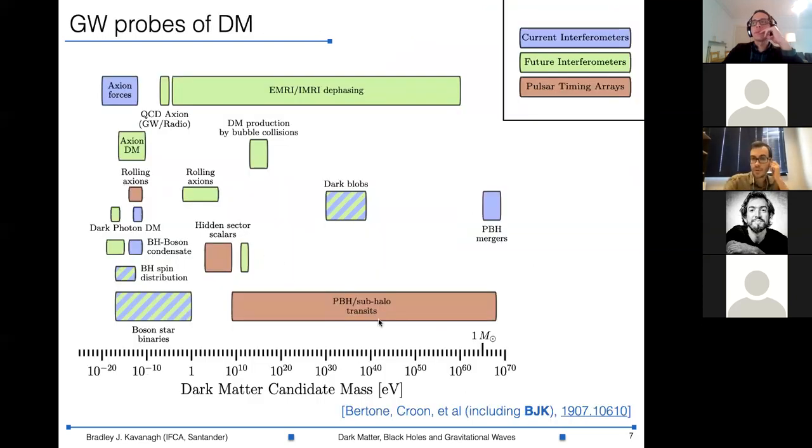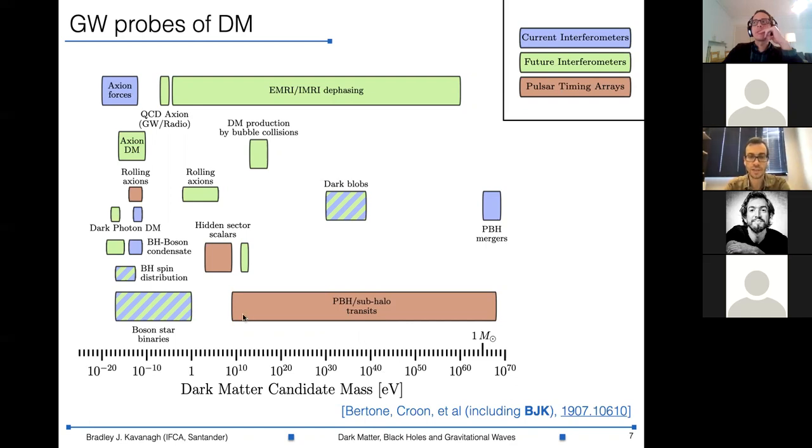And like Mauricio was saying, we wrote this kind of white paper a couple of years ago, thinking about all the ways you could use gravitational waves to probe dark matter.